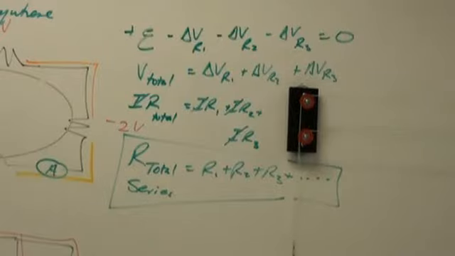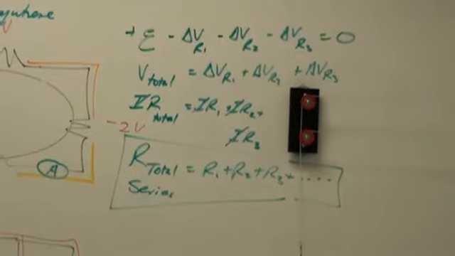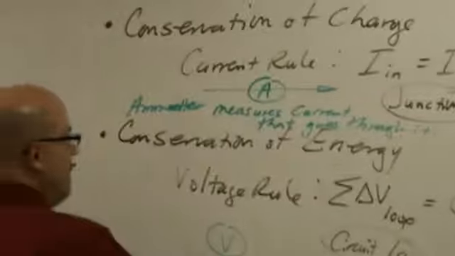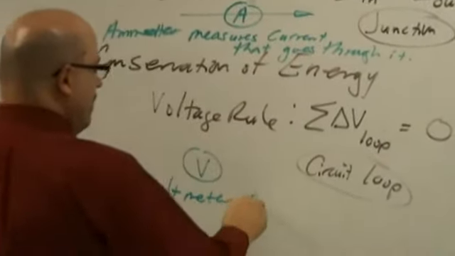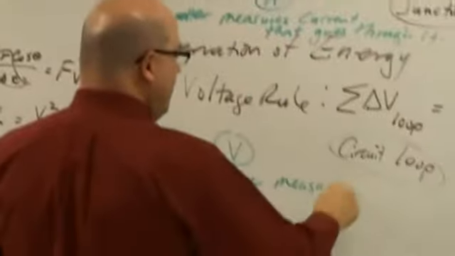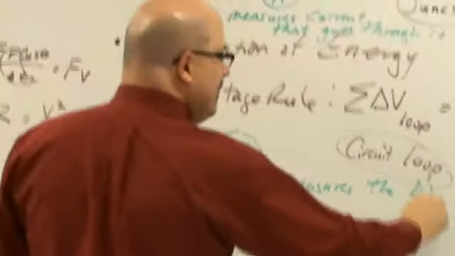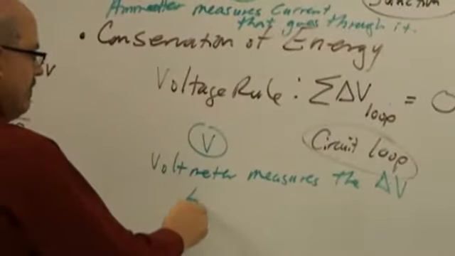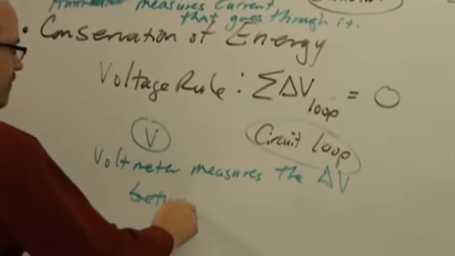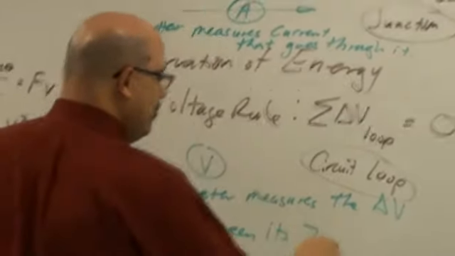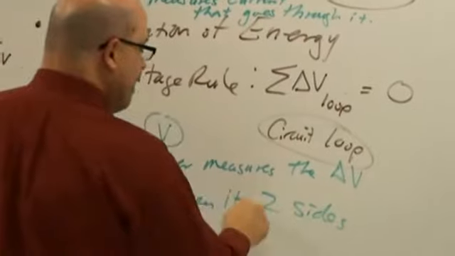Now, let's talk about a voltmeter real quick. A voltmeter measures the difference in volts between its two sides.